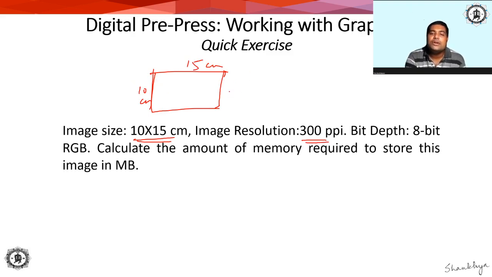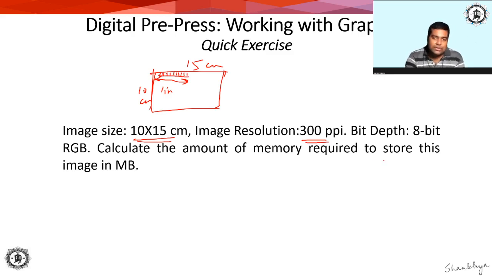Image resolution is how many pixels there are per inch of that image. Let us say this is 1 inch. Within this 1 inch, there are 300 pixels, like this. That is what image resolution is.